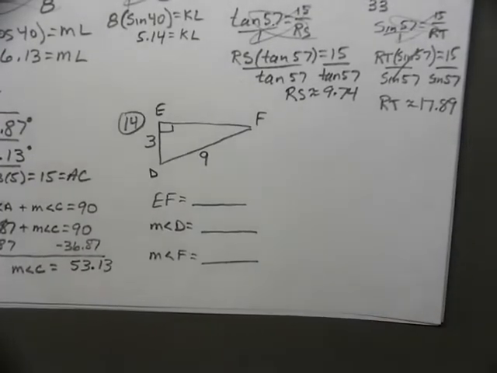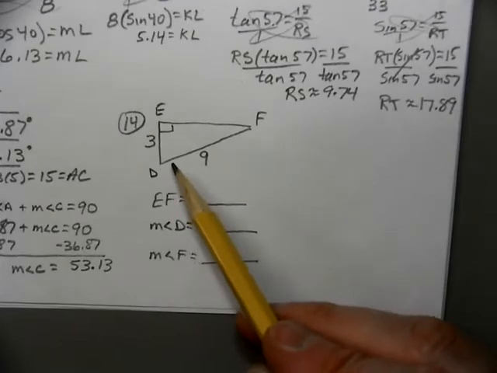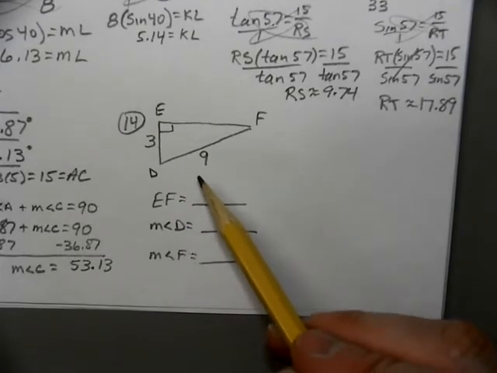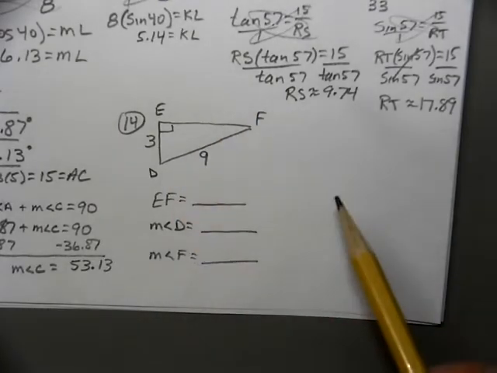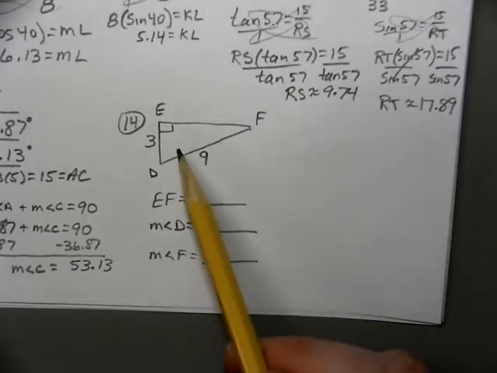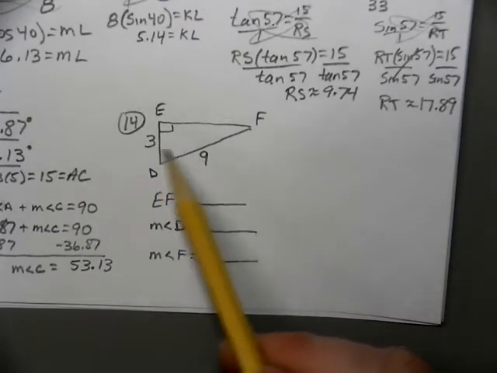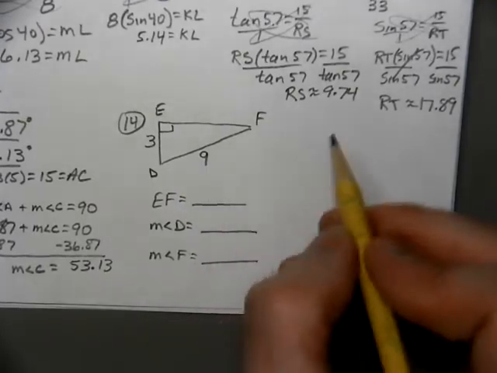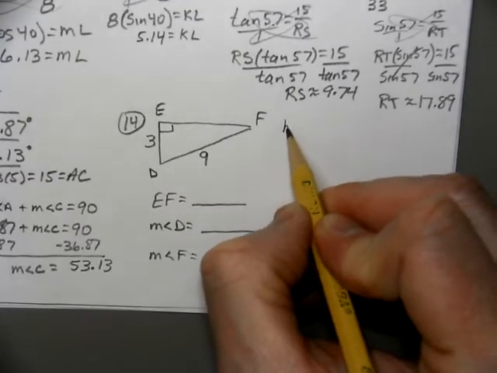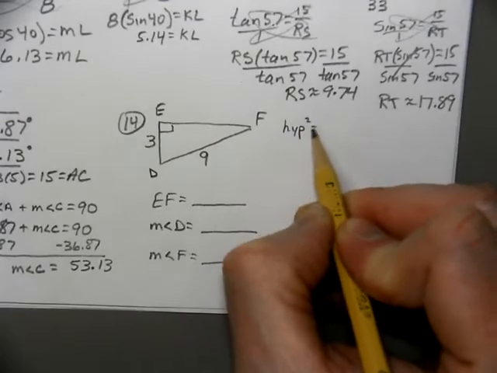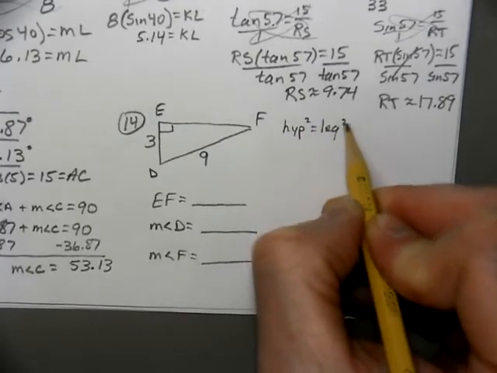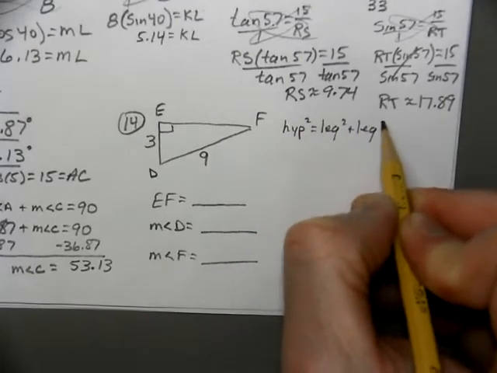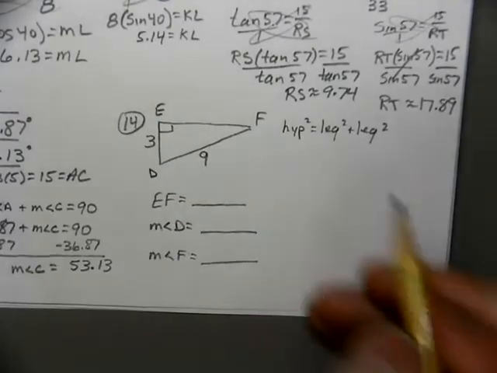So for number 14, again, we're going to solve the right triangle, so that means we're going to find the missing sides and the missing angles. Right now, I could use the Pythagorean Theorem to find that missing side. Hypotenuse squared equals leg squared plus leg squared.